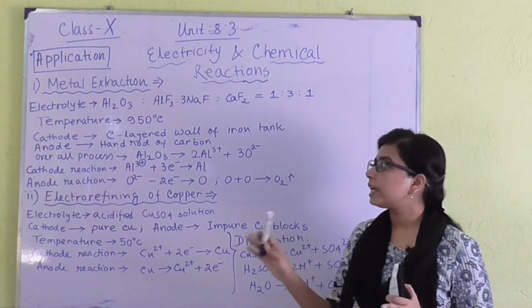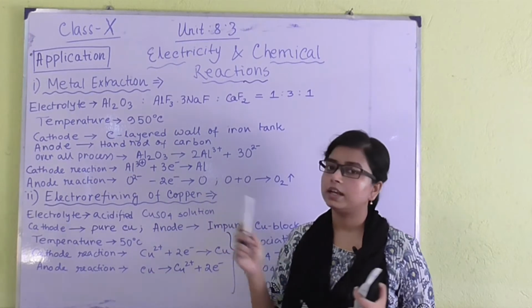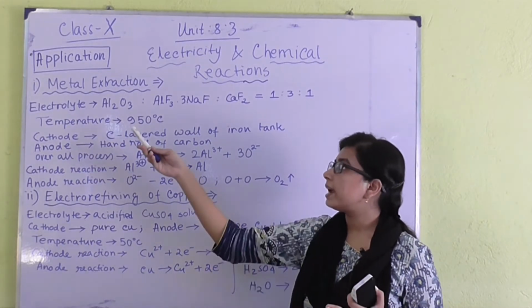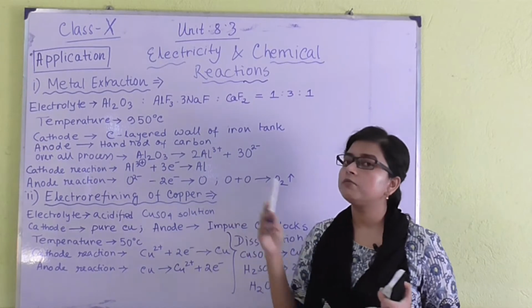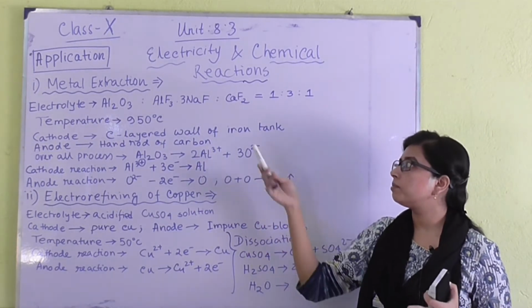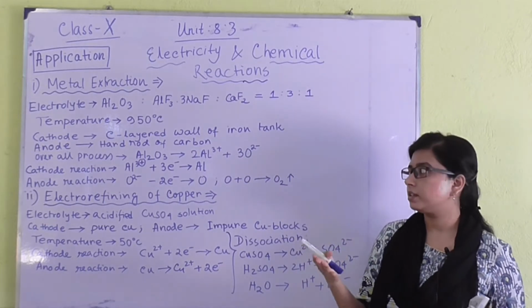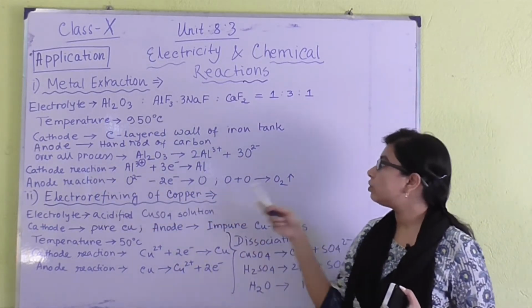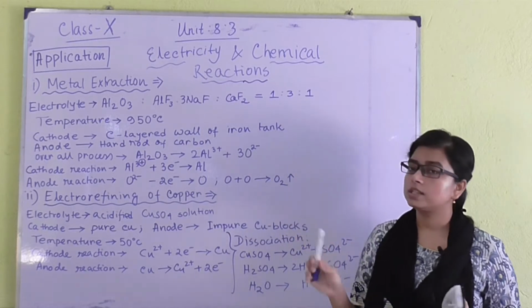So finally we get aluminium metal at the cathode, and obviously at this high temperature aluminium will be in molten state. So we have to collect aluminium from the iron tank in molten state, and at the anode we get oxygen gas.